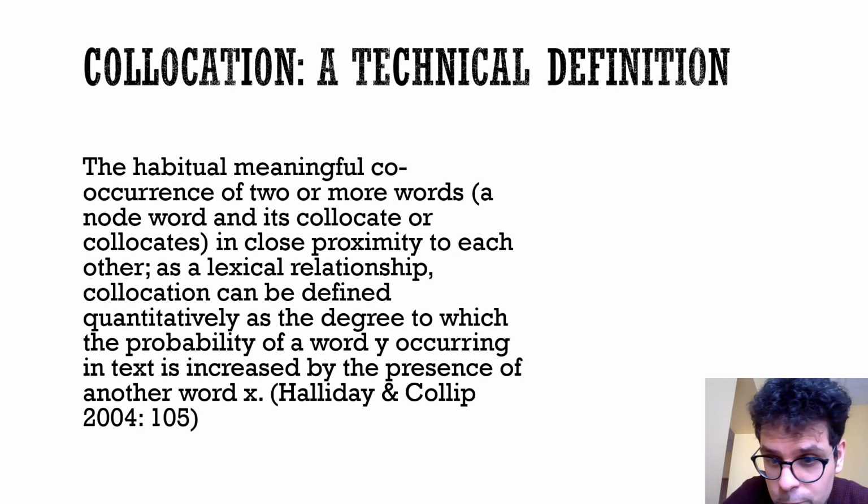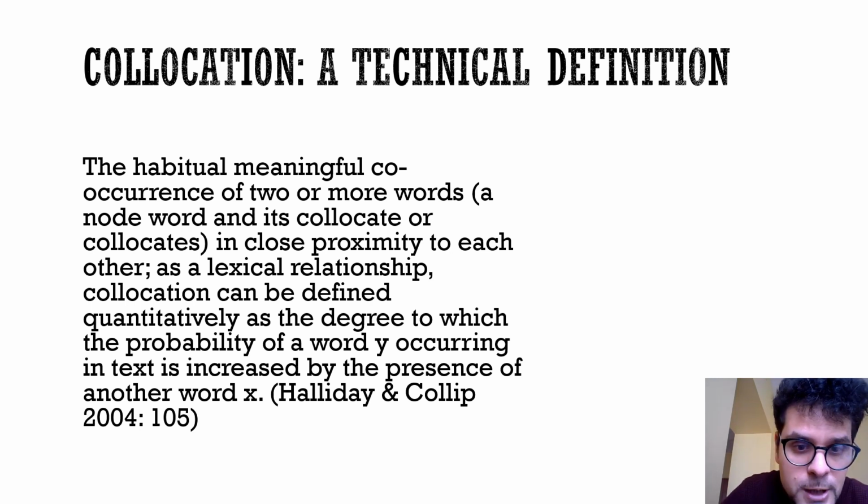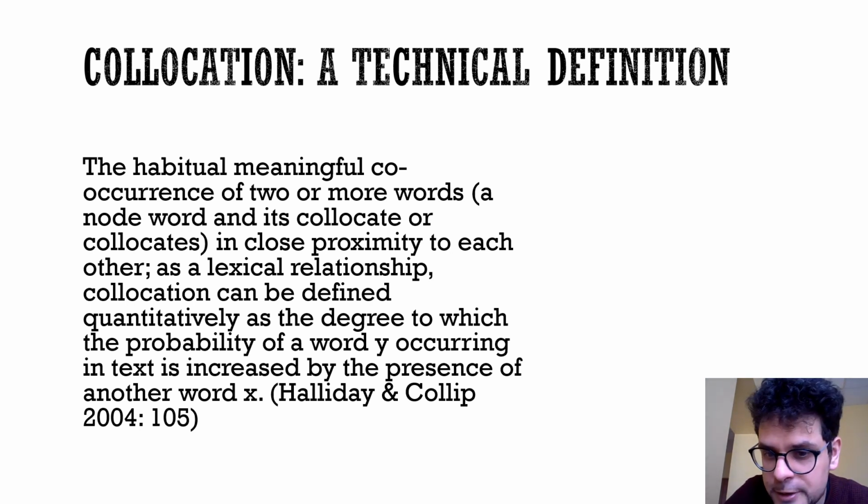There can be even a few words inserted in between, but they need to be in the same context. As a lexical relationship, collocation can be defined quantitatively as the degree to which the probability of a word y occurring in a text is increased by the presence of another word x. Okay. So if we see stale, we will probably see also bread. We can kind of predict what will come next.